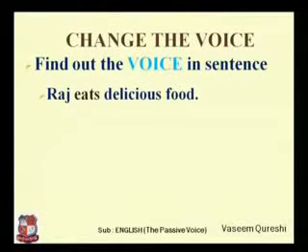So here in the sentence, Raj eats delicious food. I can ask you a question, who eats? The answer would be Raj. The answer of my who question would indicate the subject. So Raj becomes the subject. I ask, what does Raj do? And he would say he eats.